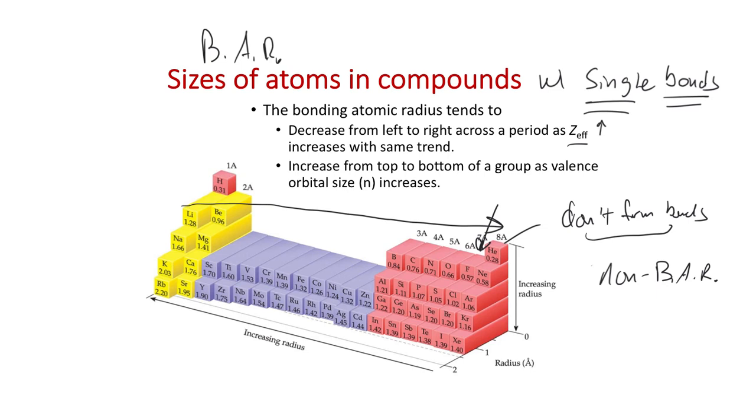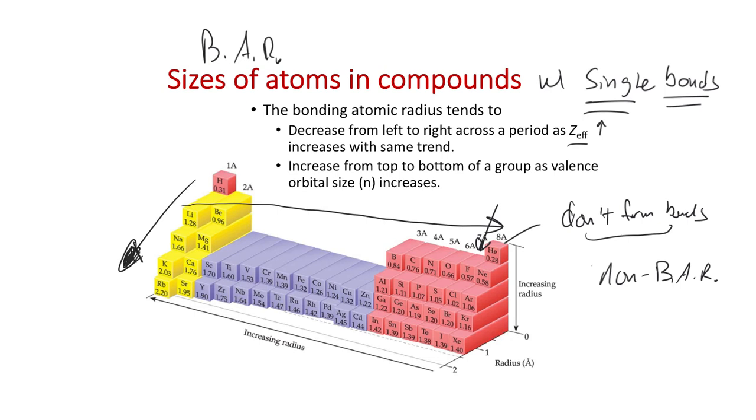And then since the noble gases aren't forming bonds, we have their non-bonding atomic radii. And so that's why it appears that the noble gases are breaking from the trend when it's really just a little bit of a nuance of the trend. So I think if you were to compare the non-bonding atomic radius of fluorine, that fluorine would still be bigger than neon. Just since fluorine forms bonds, those bonds have a shorter length due to the sharing of electrons when you make bonds.